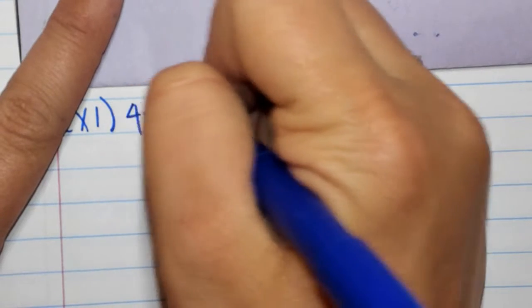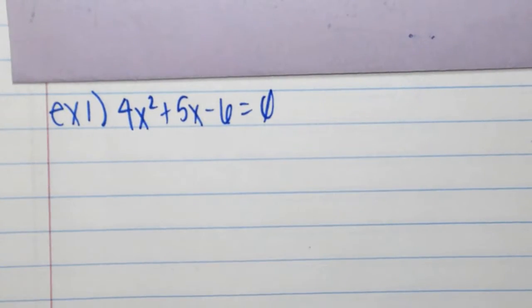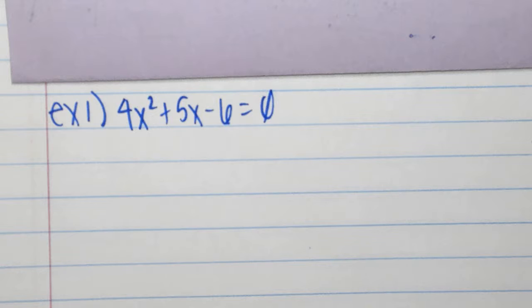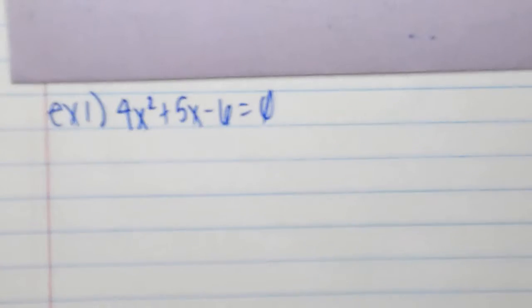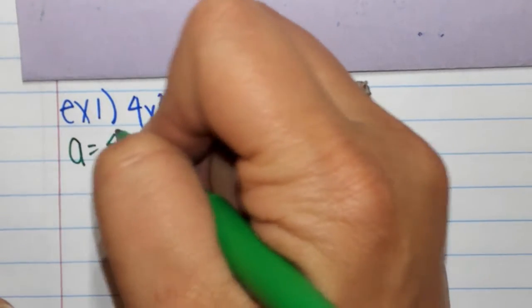Alright, here we go. 4x squared plus 5x minus 6 equals 0. Alright, what's A? What's B?